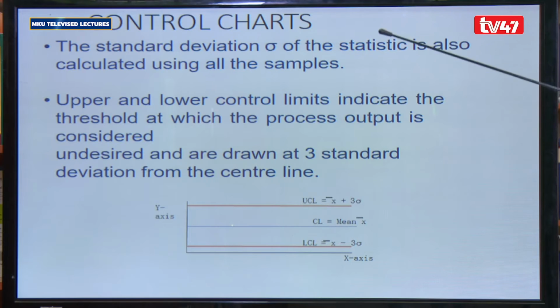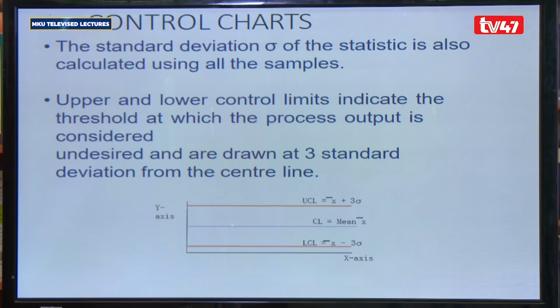So how do we come up with them? We first of all find the standard deviation, and the standard deviation is simply the root of the square deviations from the mean, because we know that the deviations from the mean will sum to 0.